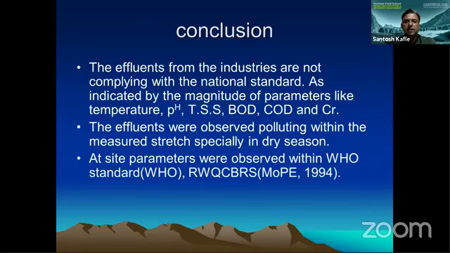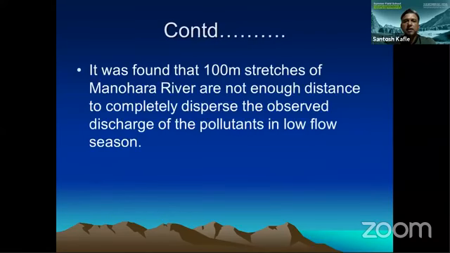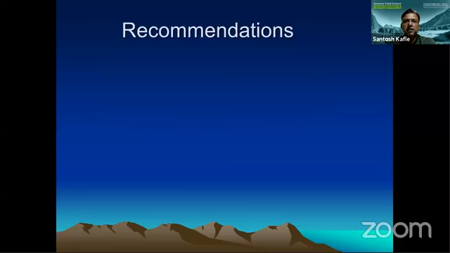At the site, many water quality parameters, specifically in site water, were found within the WHO standard. And besides industrial effluents, it was observed that the river gets polluted through other sources as well. It was found that a 100-meter stretch from the mixing point downstream is not enough to disperse the pollutants.